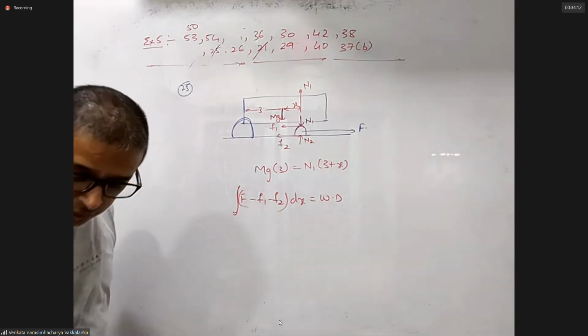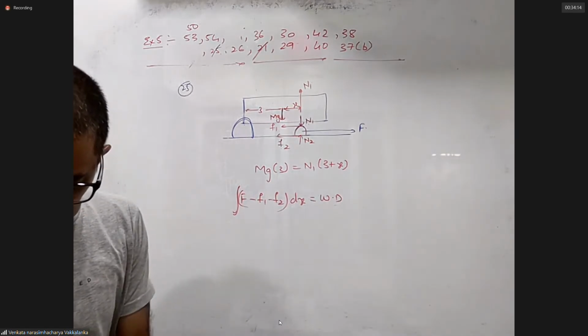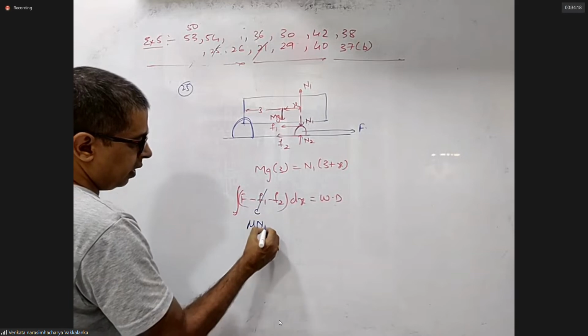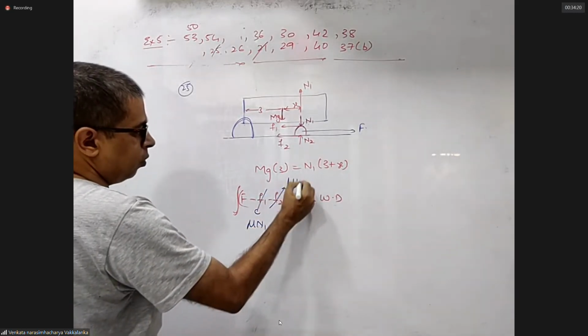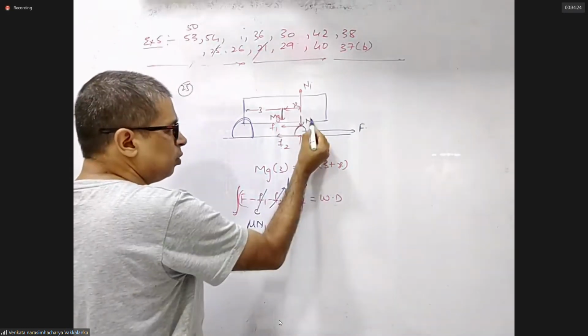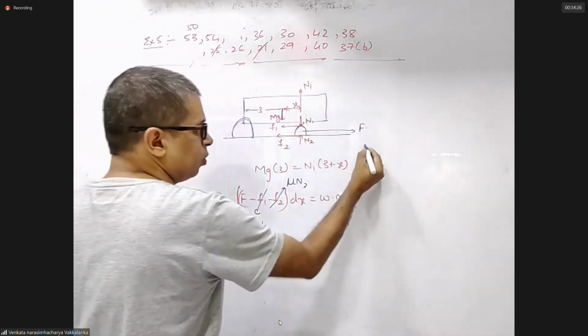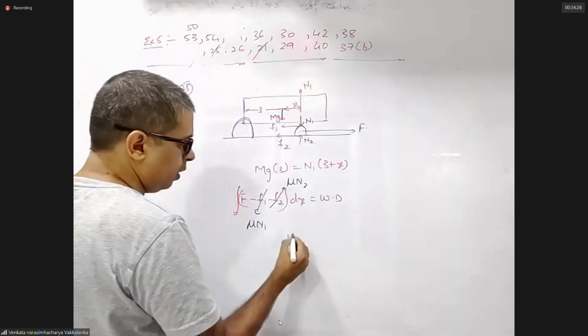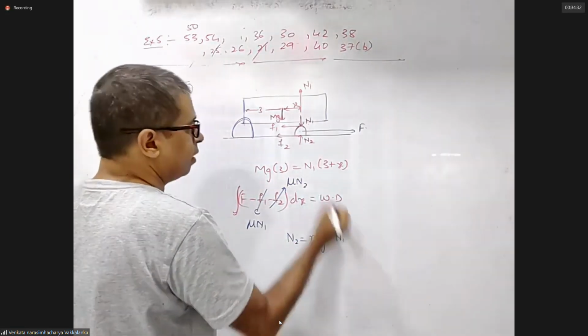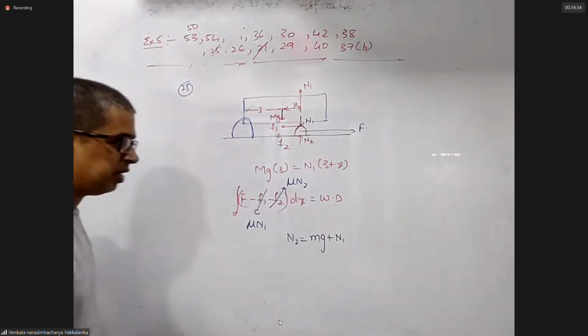Value of F1 will be mu N1. Value of F2, mu N2. By the way, you know how to calculate N2. N2 is equal to small mg plus N1.